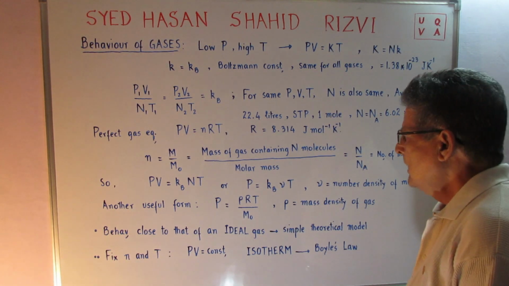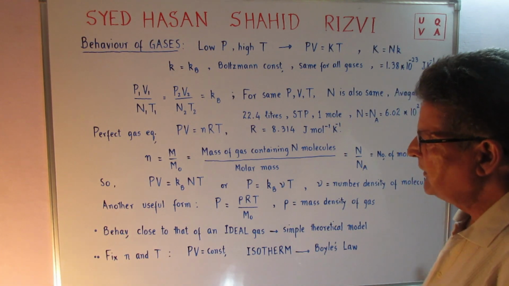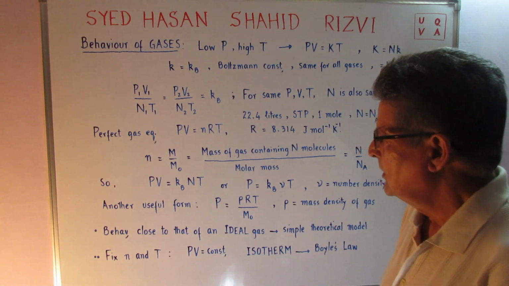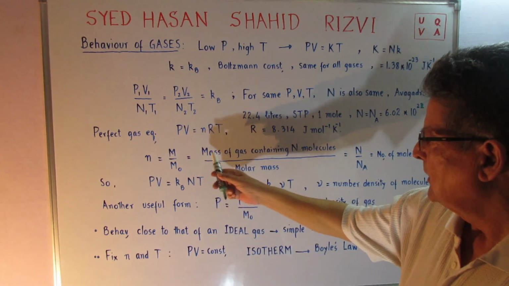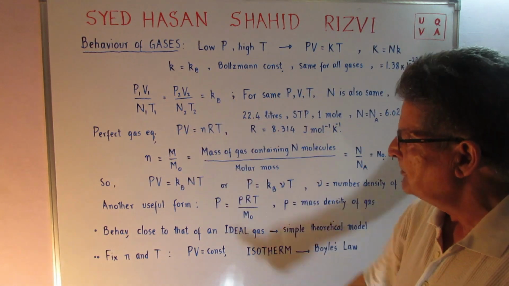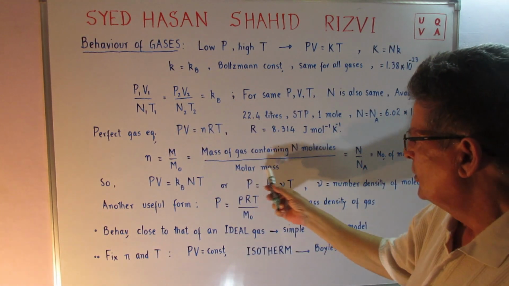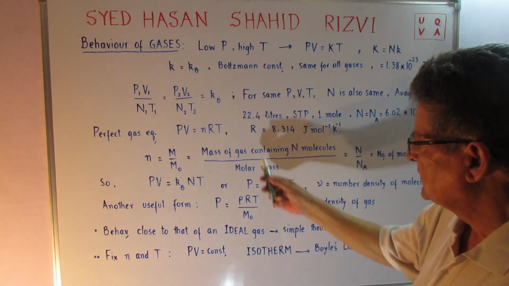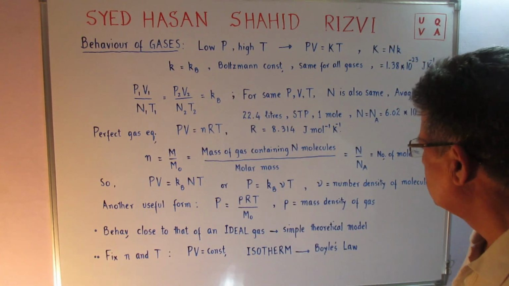Okay. Now we can write the number of moles n is equal to the mass of the gas containing N molecules, which is capital M, divided by the molar mass, which is M naught. Okay, these masses are in the same units.